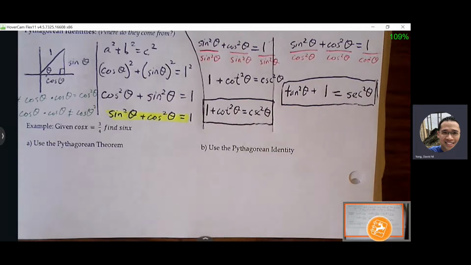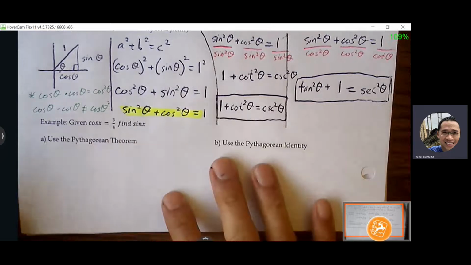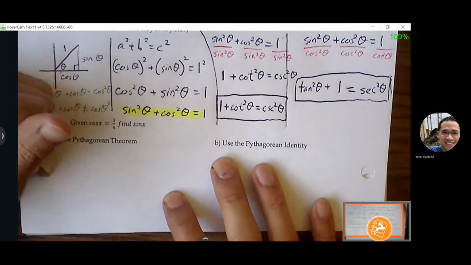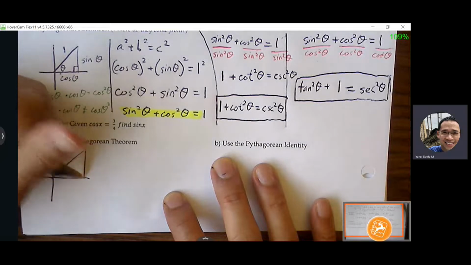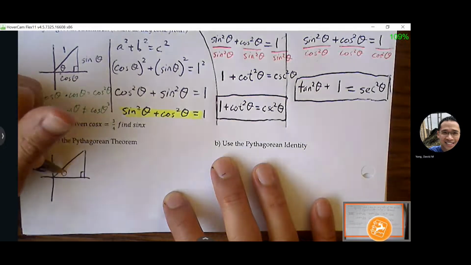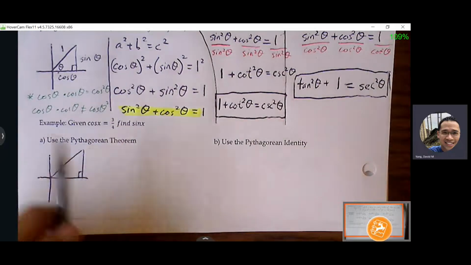Okay, given cosine of x equals 3/4, find sine of x. Use Pythagorean theorem. So let's go ahead and draw our triangle. Cosine is adjacent over hypotenuse.